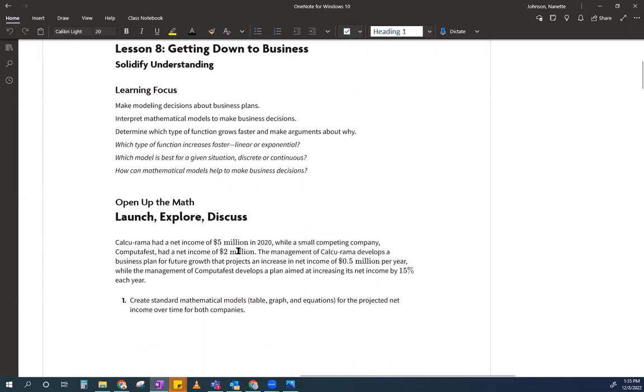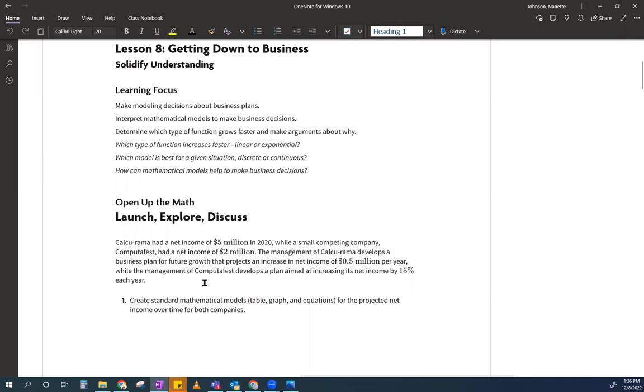Calcurama has a net income of $5 million in 2020, while a small competing company, ComputerFast, had a net income of $2 million. The management of Calcurama develops a business plan for future growth that projects an increase in net income of 0.5 million per year, or $500,000 per year.